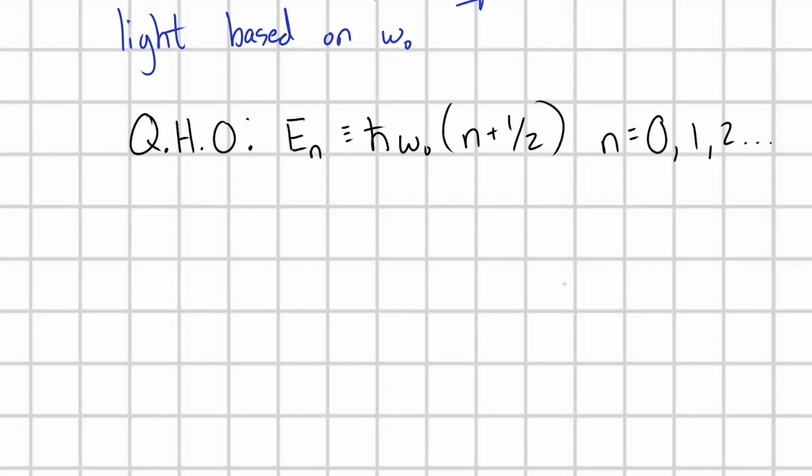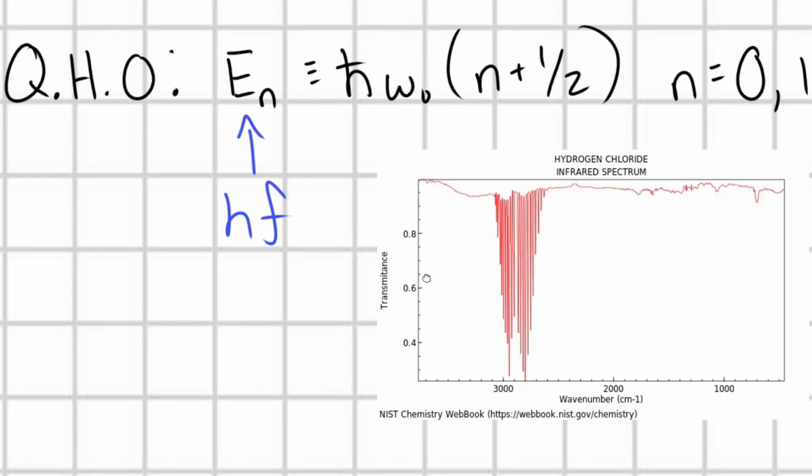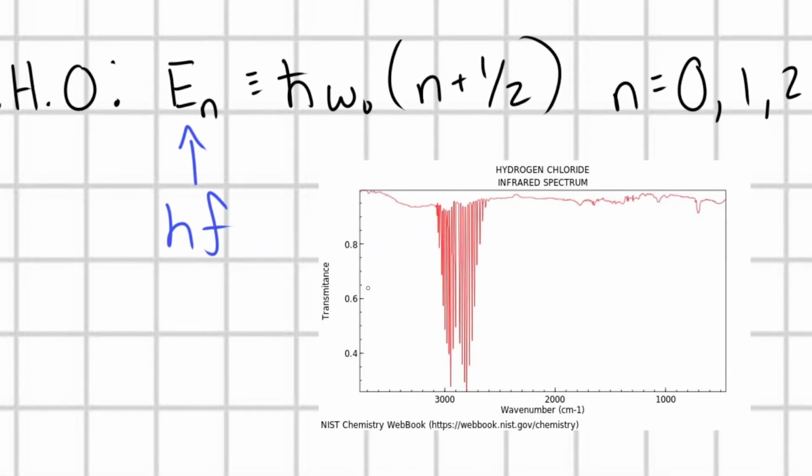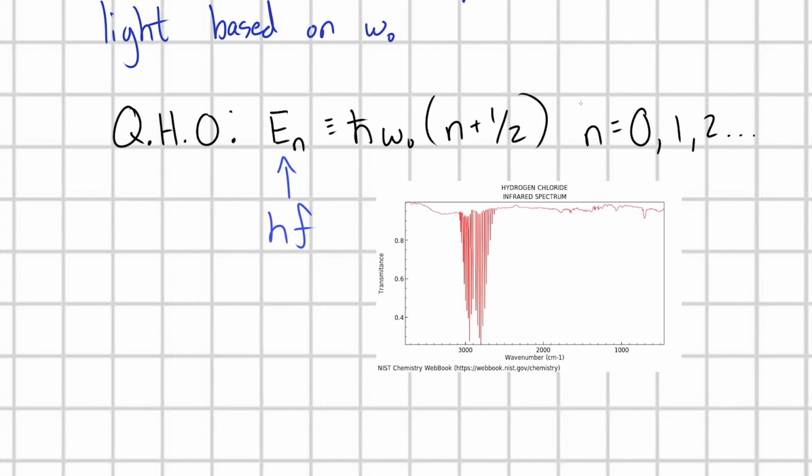We can excite these modes and transitions between these modes using light, where the energy provided by the light is going to be equal to hf. And so that's what you're going to see here. I just put on the screen an IR spectrum of the HCl molecule. Even if we consider the quantum harmonic oscillator, this is still a gross simplification of what's going on.